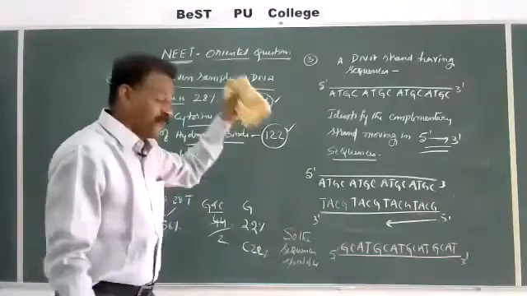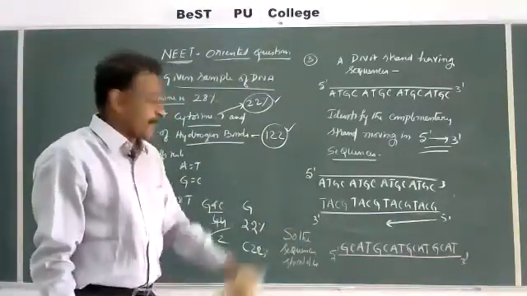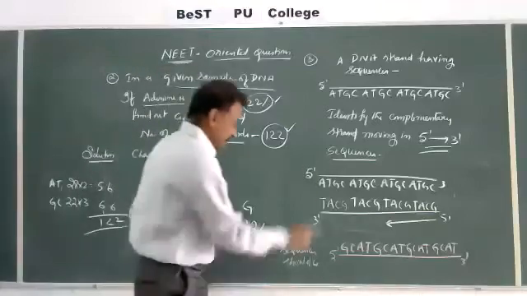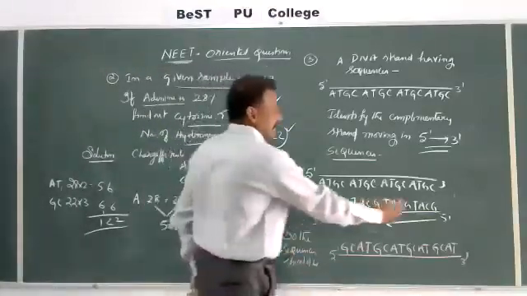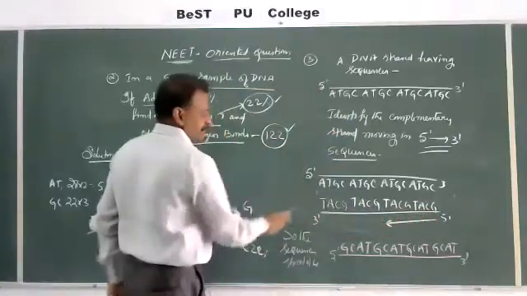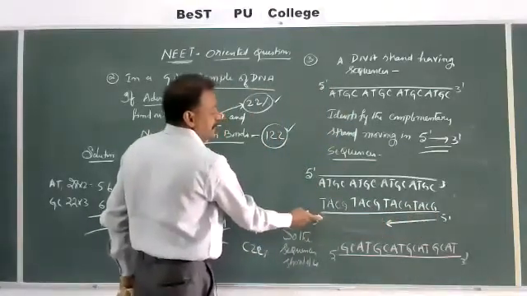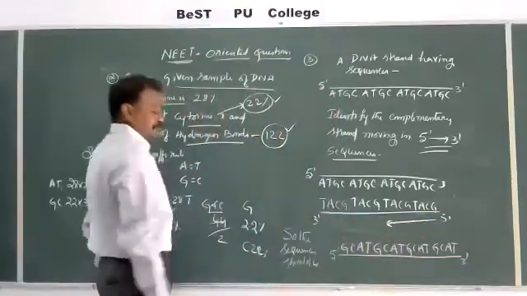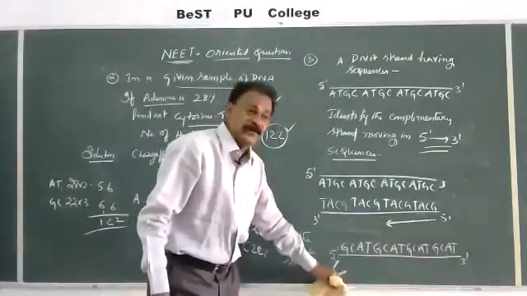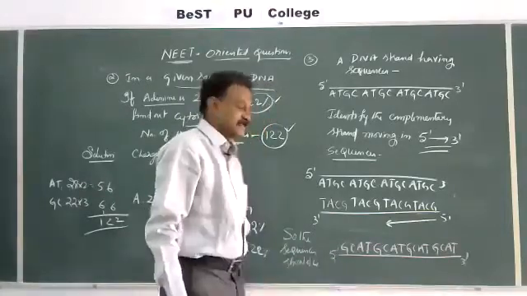So out of the 4 options, you have to identify only the 5 prime to 3 prime direction, taking this direction, complementary strand 5 prime to 3 prime direction. And among the 4 options, this will be the correct option.